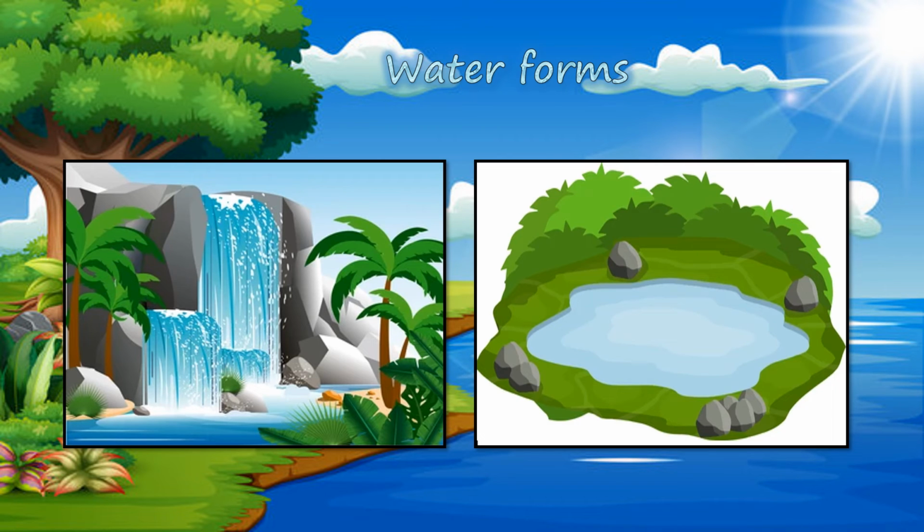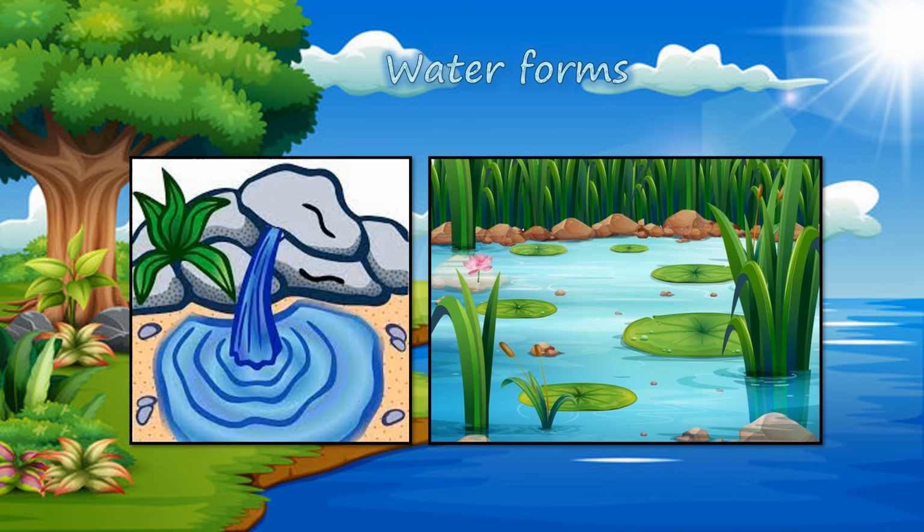Another are the waterfalls and a lake. Again, waterfalls are water that flows from a high place or mountainside, while the lake is a body of fresh water surrounded by land.